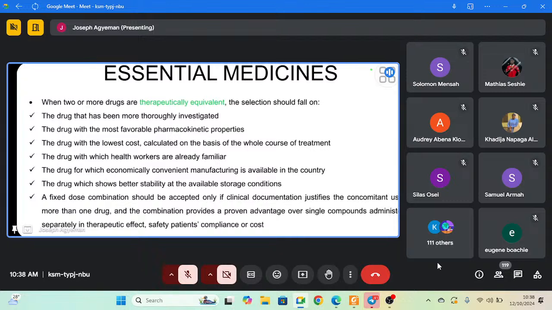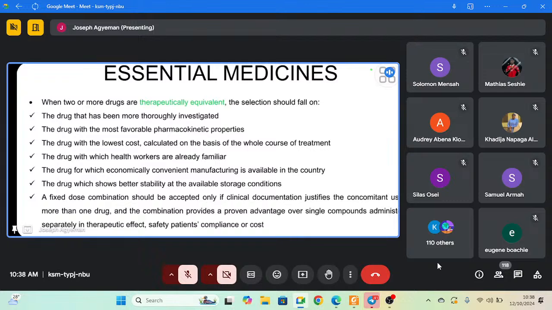Then choose the drug for which economically convenient manufacturing is available in the country. Yes. But this thing in Ghana, it's an unfortunate issue. Even most of the locally manufactured products that we expect are supposed to be cheaper compared to even the imported ones are more expensive. You have a lot of brands locally manufactured that are more expensive than most of the UK generics.